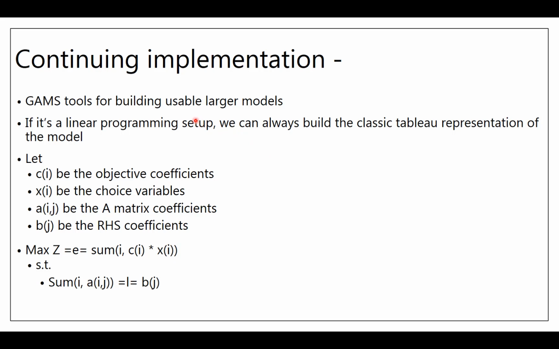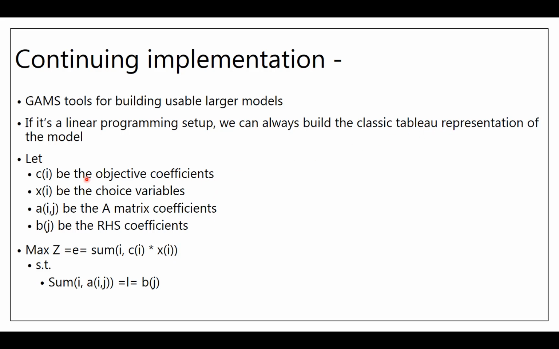Okay, so let's think about GAMS for larger models. This would be the biggest model we put in GAMS yet, and so we should think about how we might go about doing it. I'm going to argue that we should just go with the classic Tableau representation.